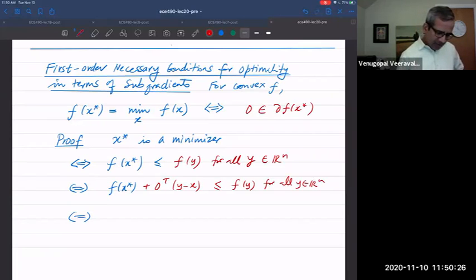This means 0 satisfies the condition for being a subgradient at x star, so 0 must be part of the subdifferential at x star.